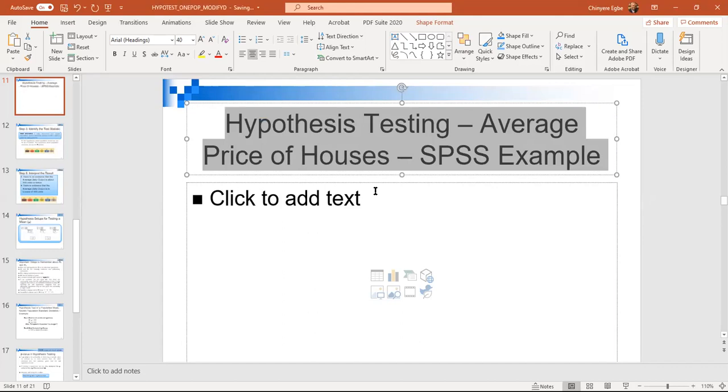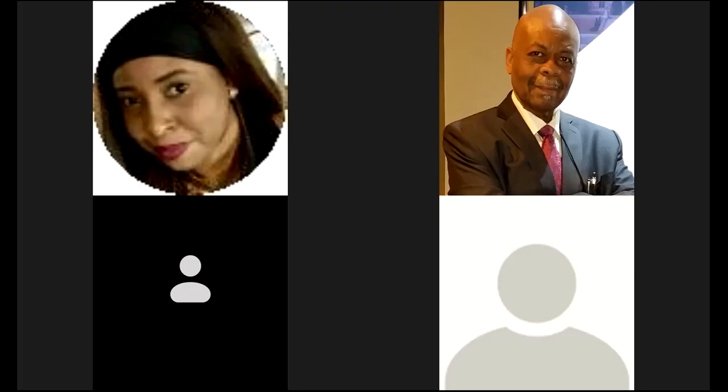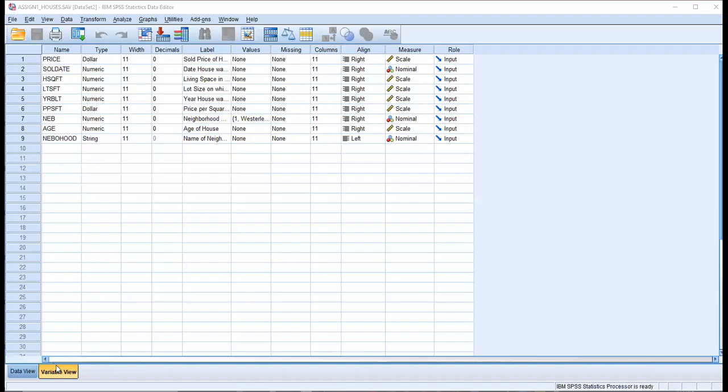So this is what we're going to do. So we're going to pull up the SPSS data. And the data, then I'm going to share the SPSS file once more. So now we are in the variable view.